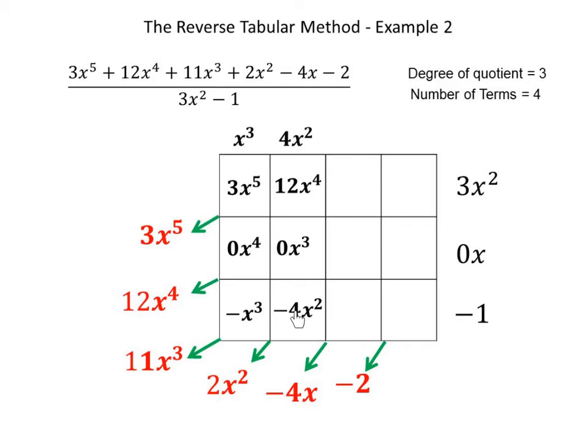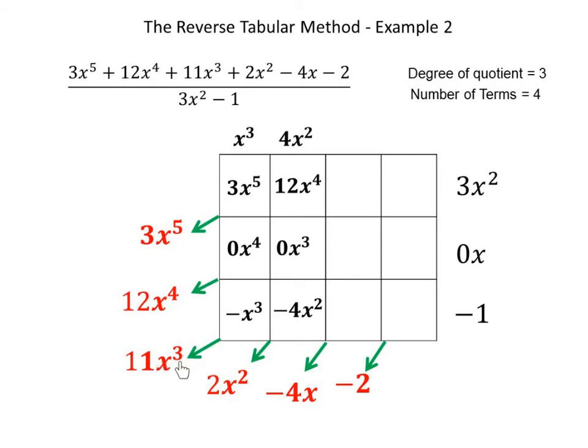Now, it's getting very interesting because we're going to go up here and add these three elements down this diagonal. That will give us 11x to the third. So here we have negative x cubed, 0x cubed, plus something will give me 11.